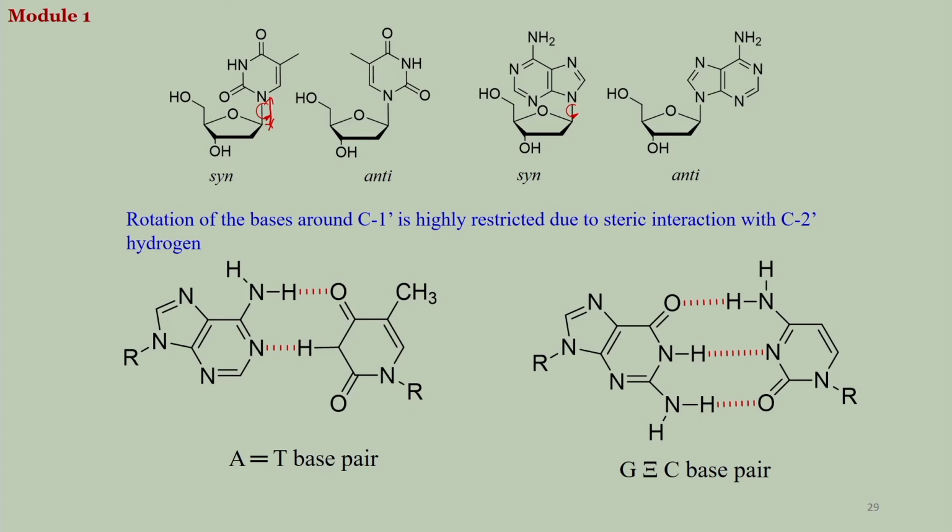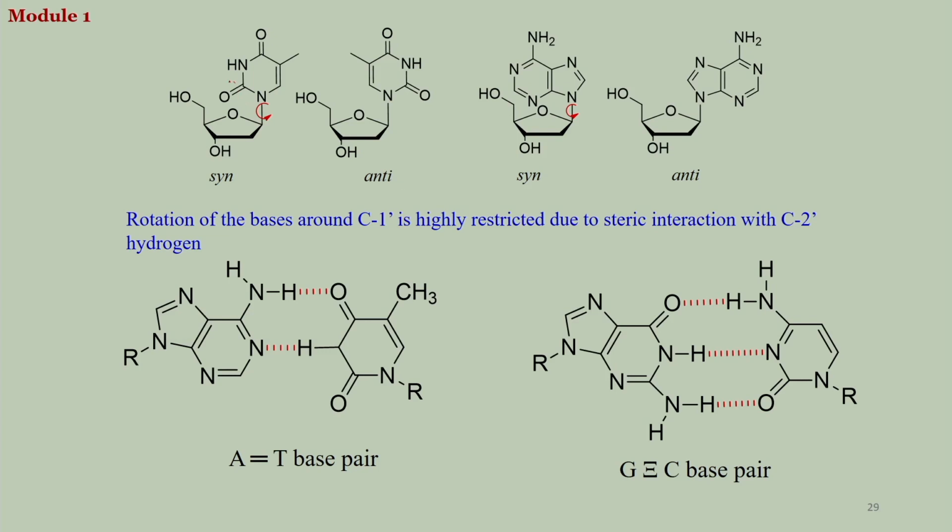The question is, which is the conformation that will be stable or more favorable. The form where this oxygen and this oxygen are closer is known as the syn form. The other one, where they are away, is known as the anti form.